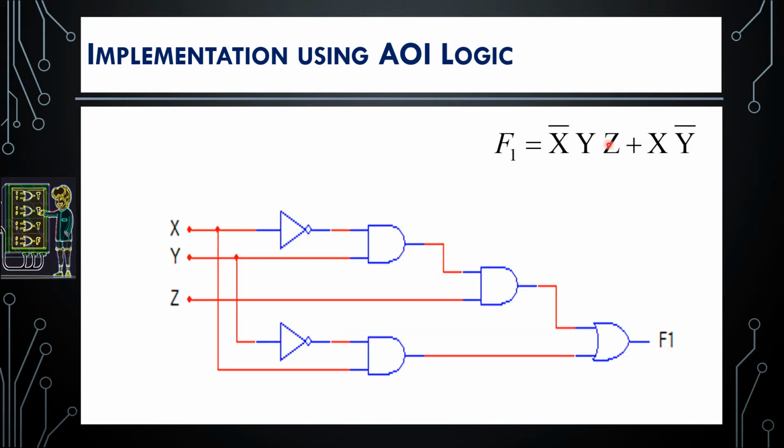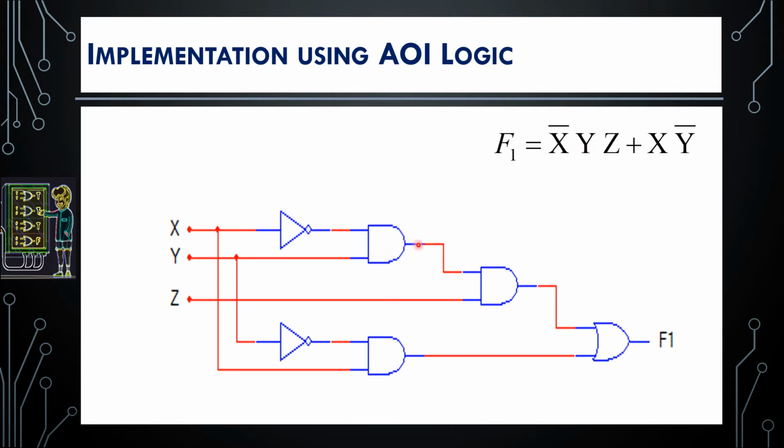Another example. In this expression, we have three variables in its domain, namely x, y, and z. Here the condition is that we can make use of only two-input AND gates. To implement this minterm, we actually need a three-input AND gate, but in this condition we are allowed to use only two-input AND gates. So what do we have to do? The first two literals, x bar and y, are connected to the first AND gate.